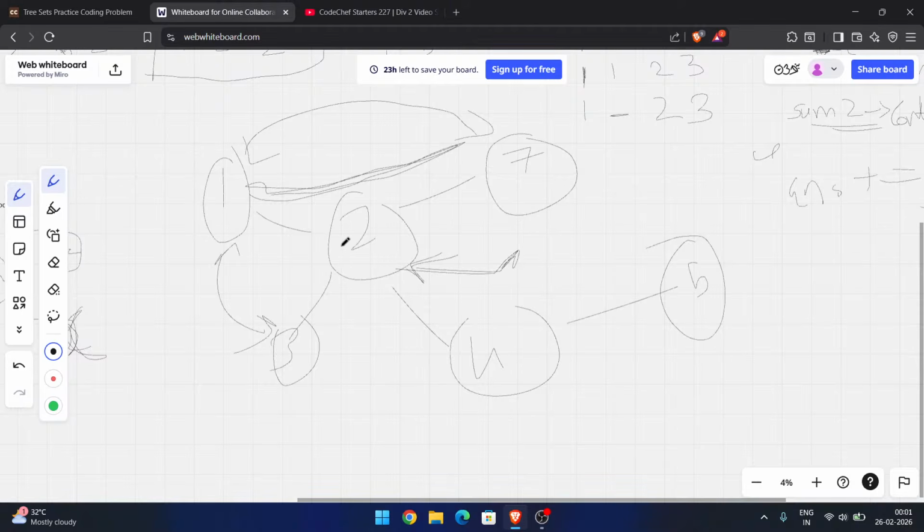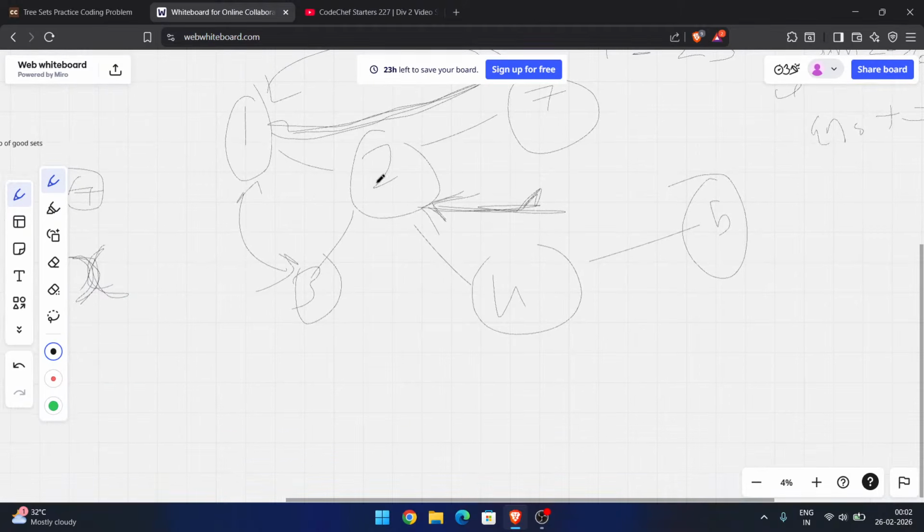If I pick 1 and 3, there is a common element. If I pick any two numbers from the set, 1 and 7, 1 and 3, or 3 and 7, in any order, then there is this common number 2 in the path between them. So that is the condition for a good set.